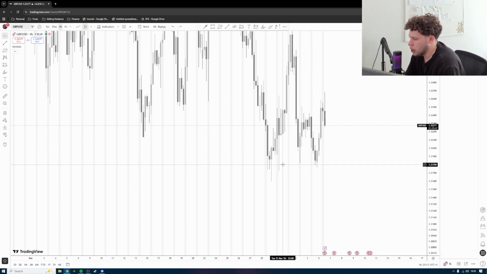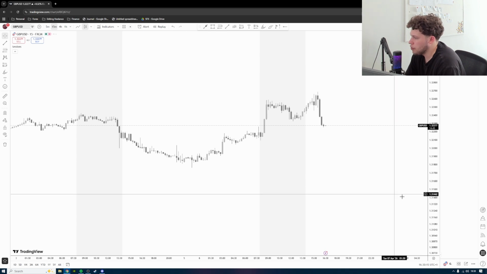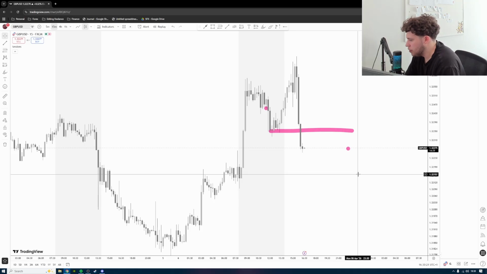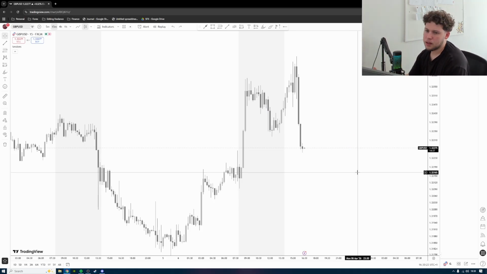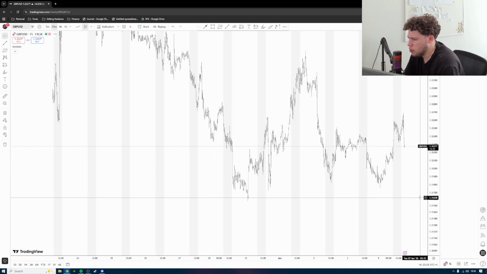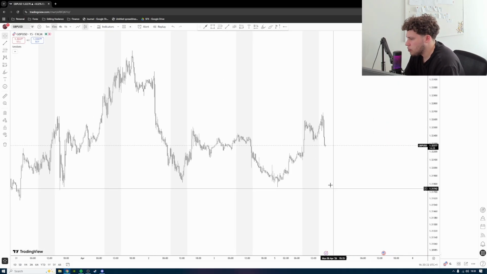But if you drop to the 15, what's happened? Well, we've broken to the downside, so the chances are we're going to be looking for sells. And so you end up in this weird situation where you're looking for both buys and sells depending on different time frames.